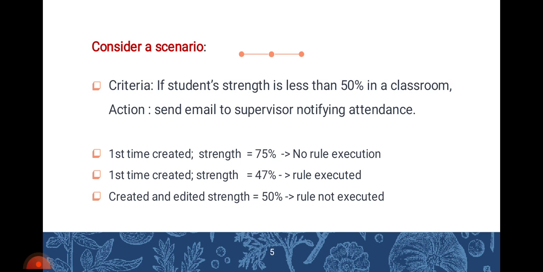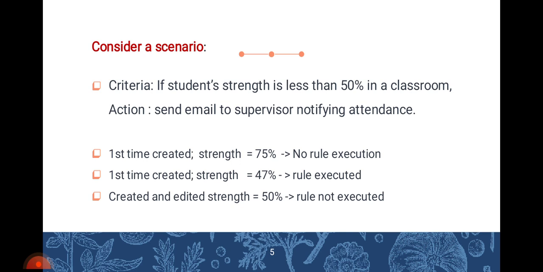But if the first time the record is created with strength equal to 47%, then the rule will be executed. Now, if the record is edited to strength equal to 50% or let's say 51%, will the rule execute? No, as according to this criteria, the rule will be evaluated only once, that too at the time of record creation.